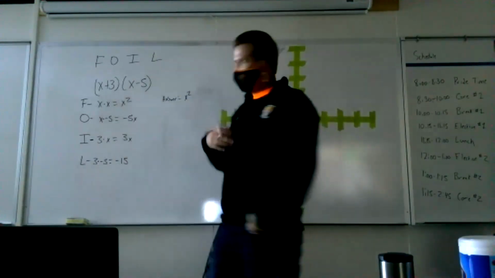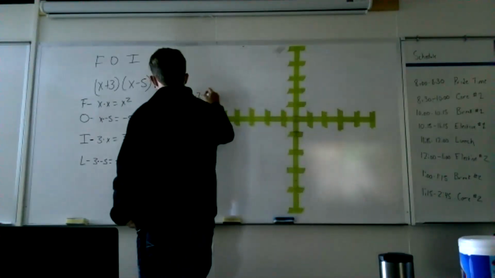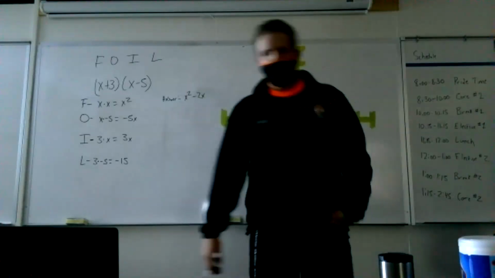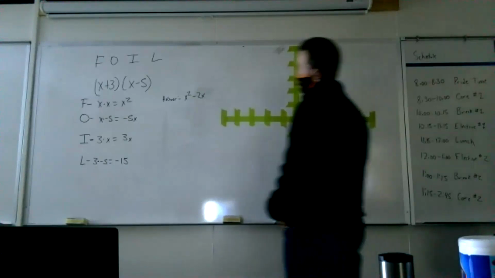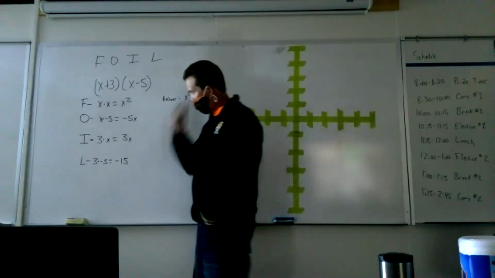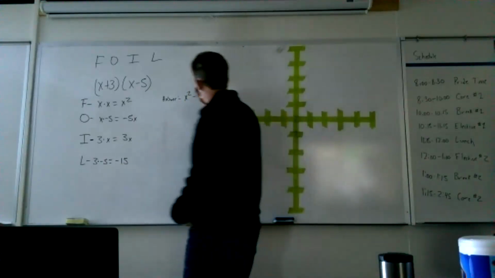Negative 5 plus 3 is equal to a negative 2, and we're going to associate our variable with it. Okay, so our answer starts off with x squared minus 2x, and then we have our last term, which came from 3 times negative 5, as negative 15.